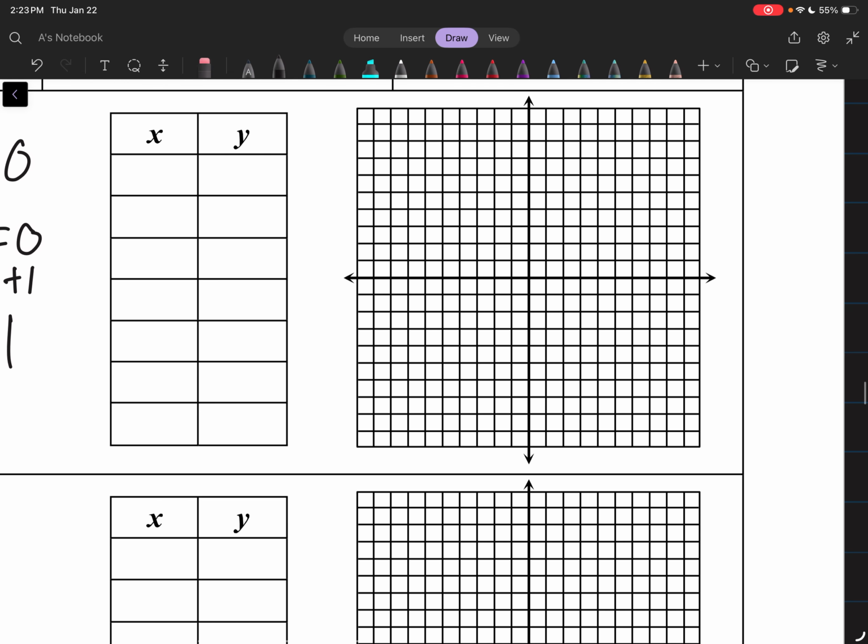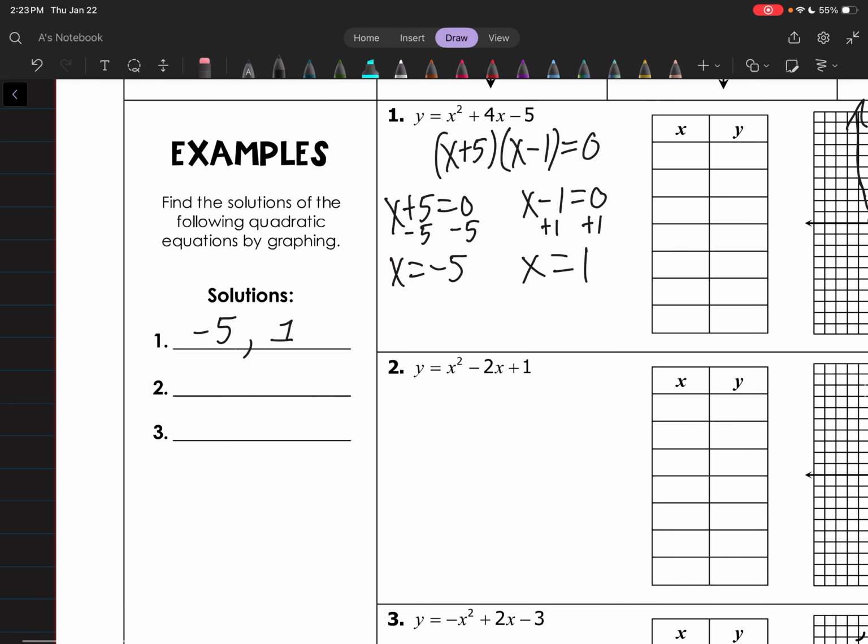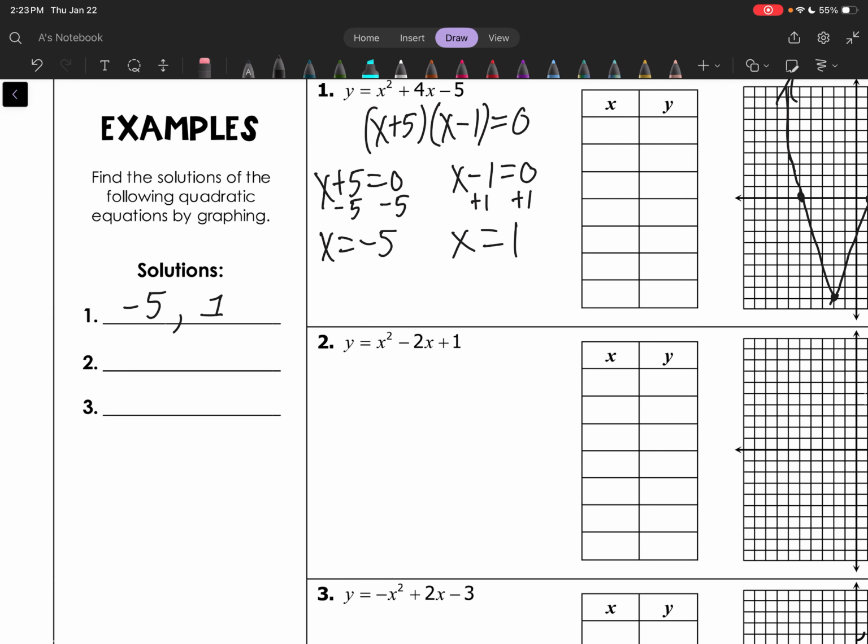My graph, if you were to do all this by hand, looks something like this. Okay? Okay. Now let's look at Desmos for that problem.